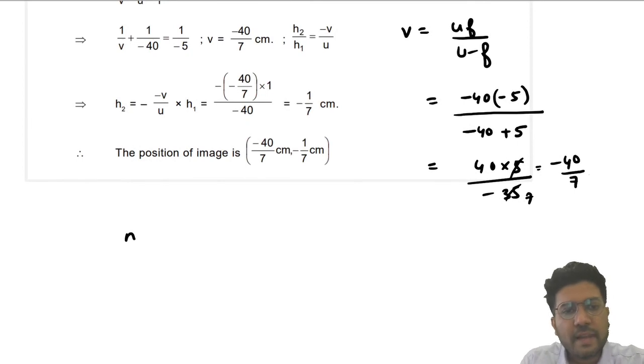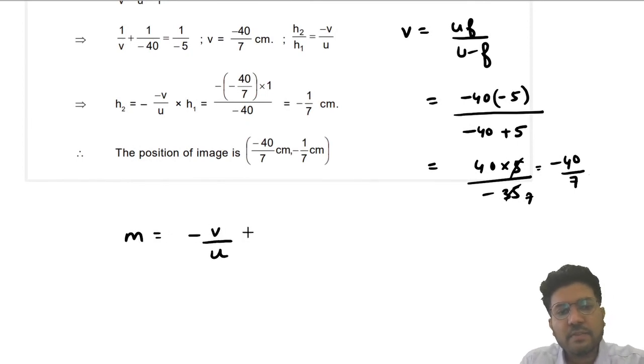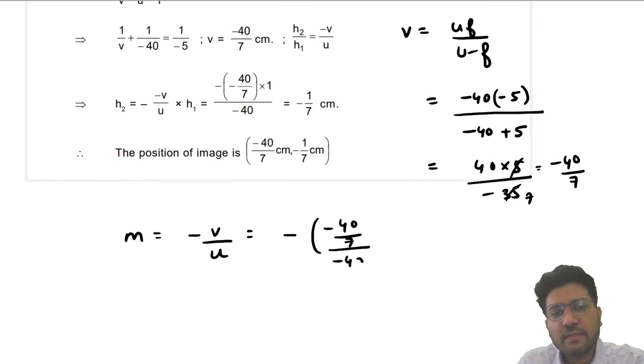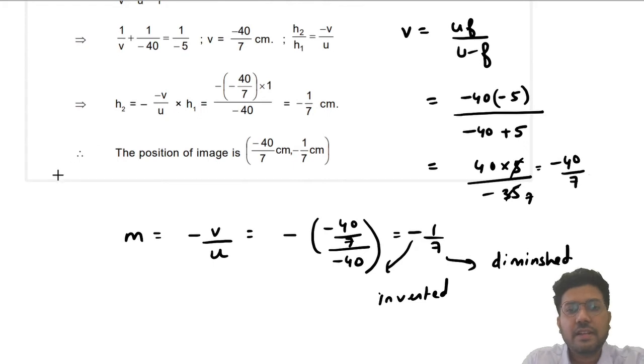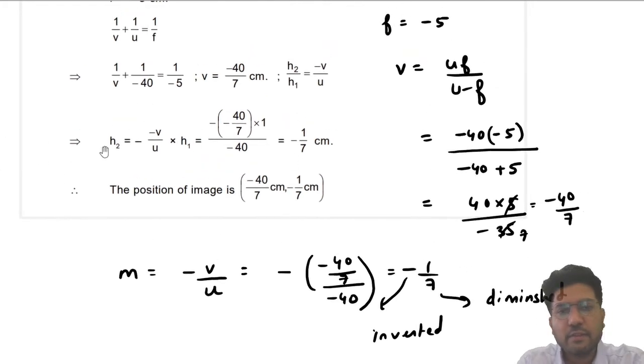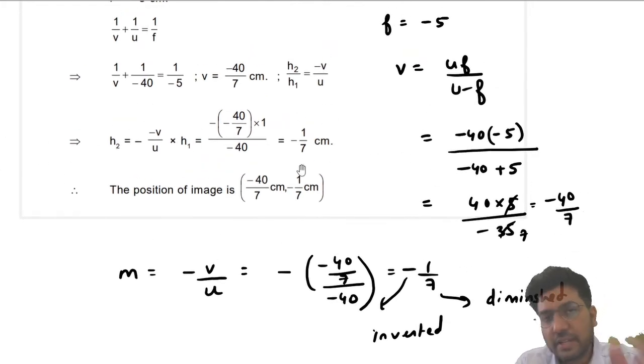Then what will be the magnification? Magnification will be minus v by u, that is minus of minus 40 by 7 divided by minus 40, and that is equal to 1 by 7. Okay, sorry, minus 1 by 7. Minus represents inverted image and this 1 by 7 represents diminished image. So the image will be diminished and inverted and obviously real, because v has come out to be negative. V negative means real image in case of reflection.